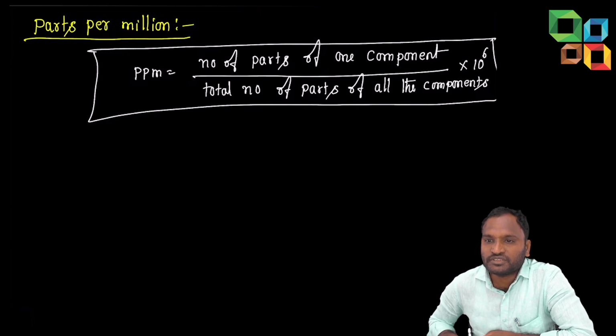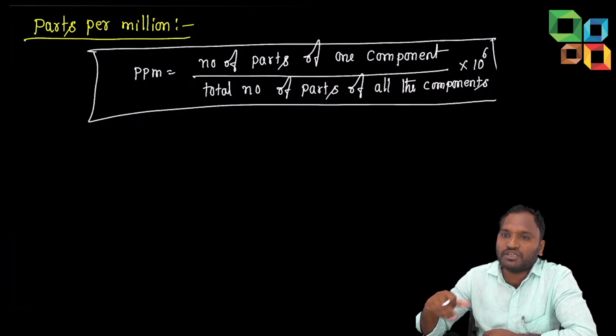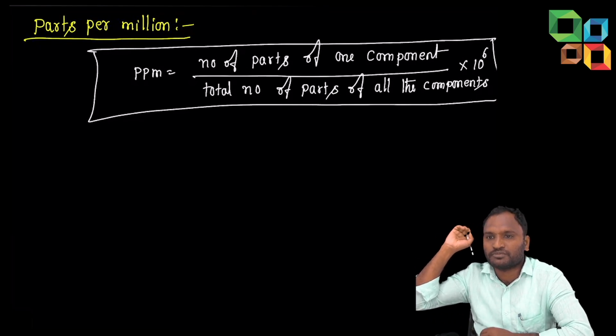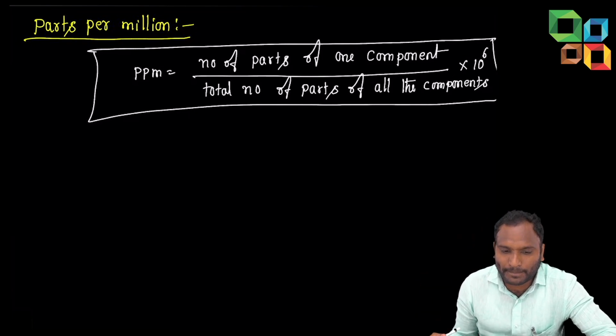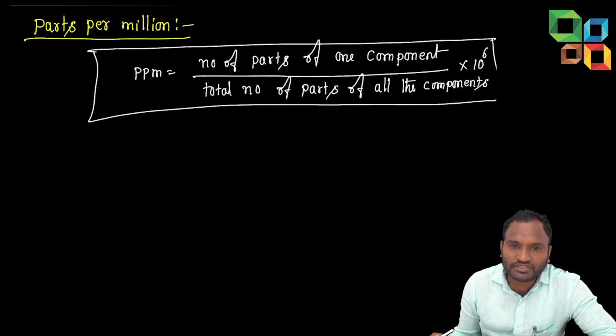You want to express the concentration of minute quantities, use this one, ppm, parts per million. Number of parts of one component by total number of parts of all the components in the solution, into 10 to the power 6. All these things they will only give direct substitution only.